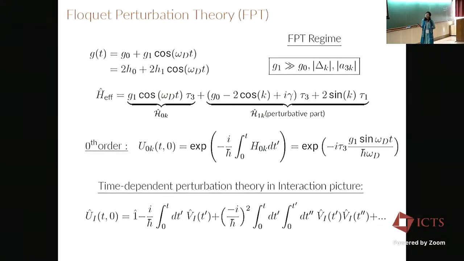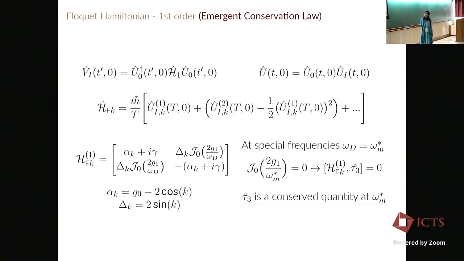Then you can do a certain kind of perturbation theory, where you consider the high drive amplitude, and 1 over that drive amplitude is your perturbation parameter. You can do some time dependent perturbation theory in the interaction picture, and you can construct this first order effective Floquet Hamiltonian. Now you can see this is the structure of the first order effective Floquet Hamiltonian, where alpha_k, delta_k are functions of some cos k, sin k.